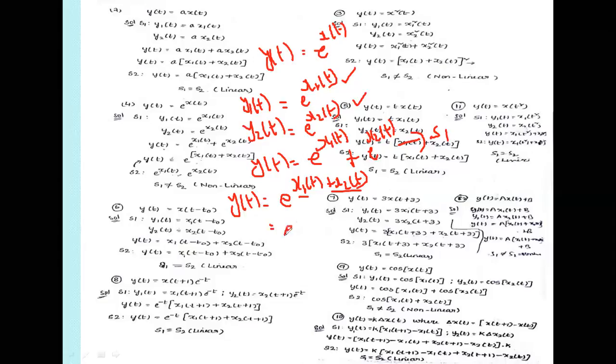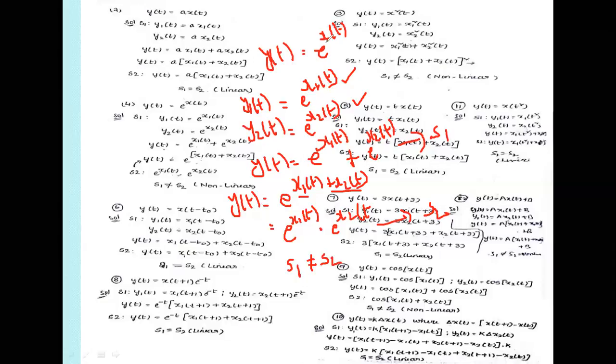The power is added, which means e power x1 of t multiplying with e power x2 of t. Let this be S2. So see here, e power x1 of t plus e power x2 of t is S1, and e power x1 of t multiplied with e power x2 of t is S2. So S1 is not equal to S2.